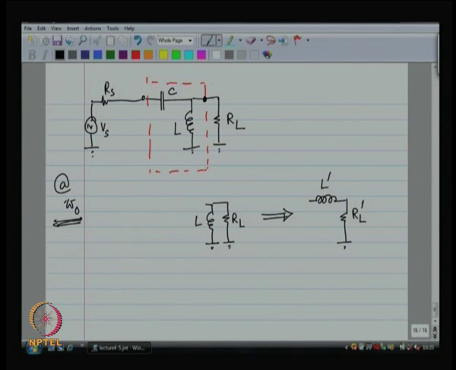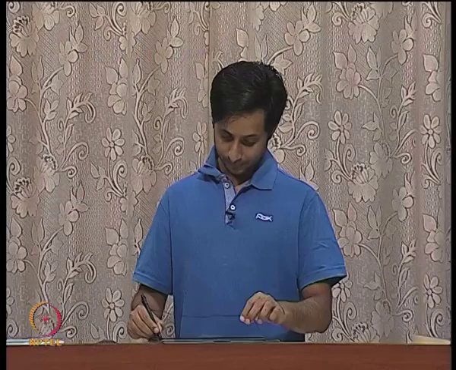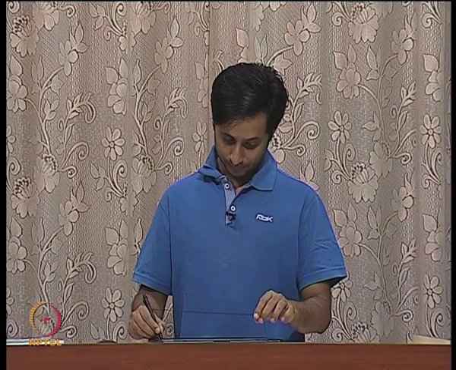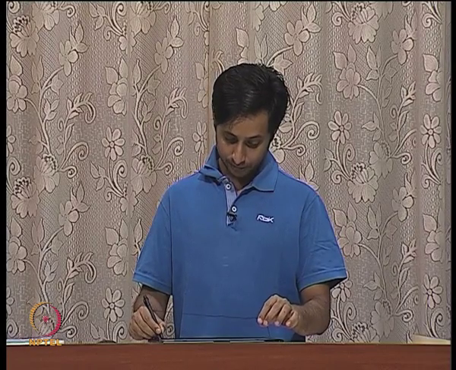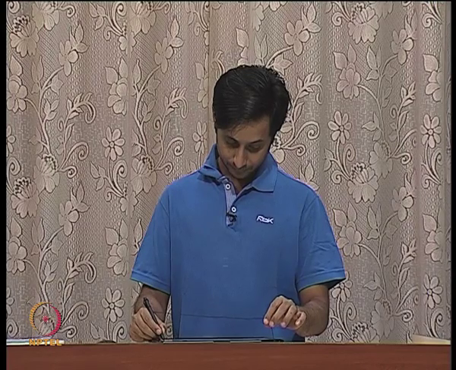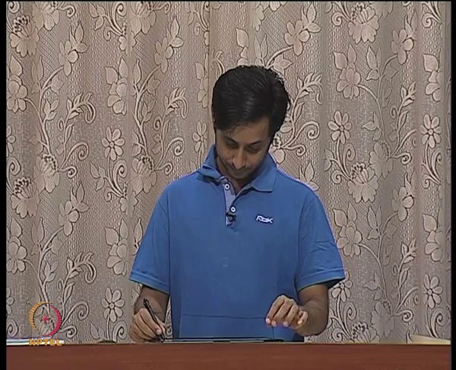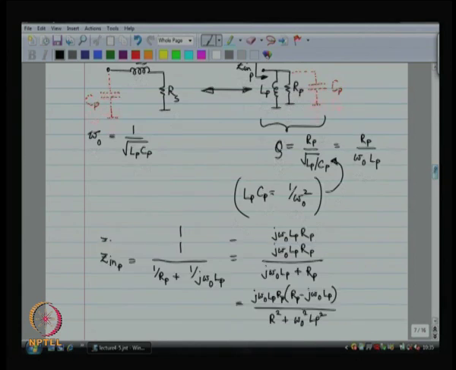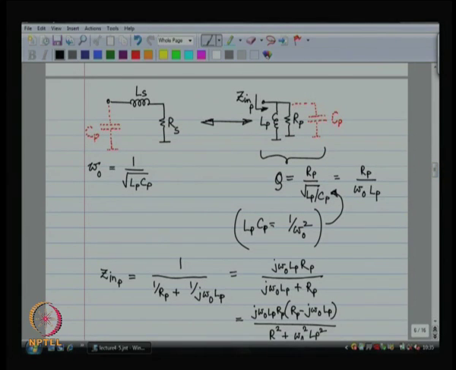And what is the relationship? What is L prime, R prime, R_L prime? You go back to the discussion in the previous class. So, this is what we had done in the previous class.